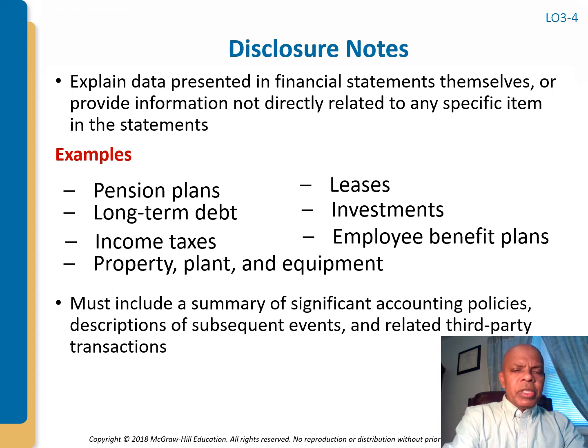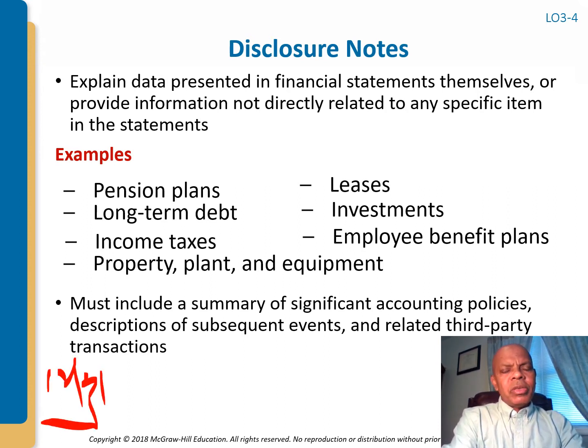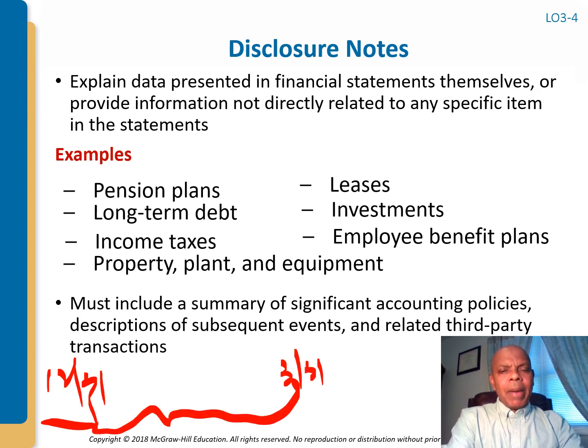Description of subsequent event. Suppose you're closing the books at 12/31, right? The financials only show up to 12/31 for that year, but you're going to publish these reports, say March 31. During this period, something happened, a big event, maybe a fire that destroyed a huge plant.